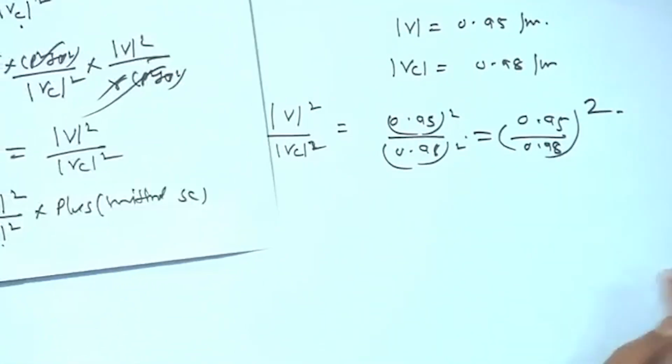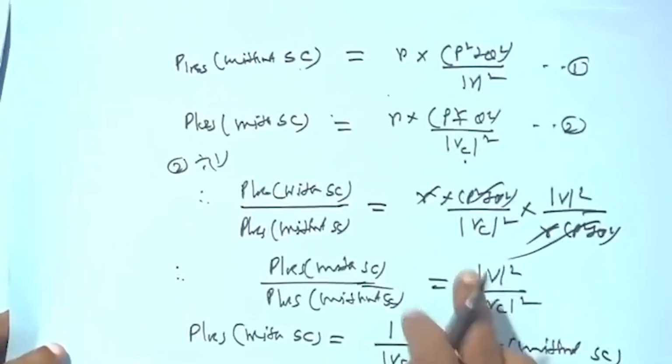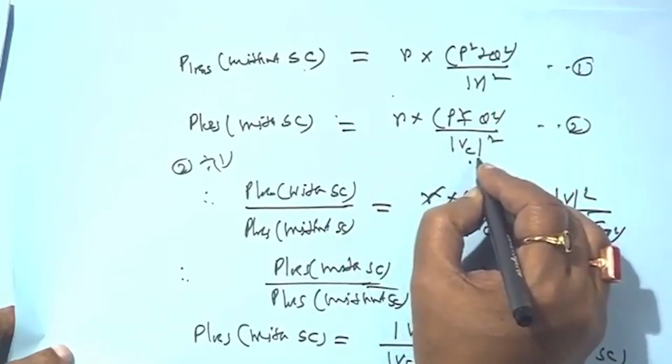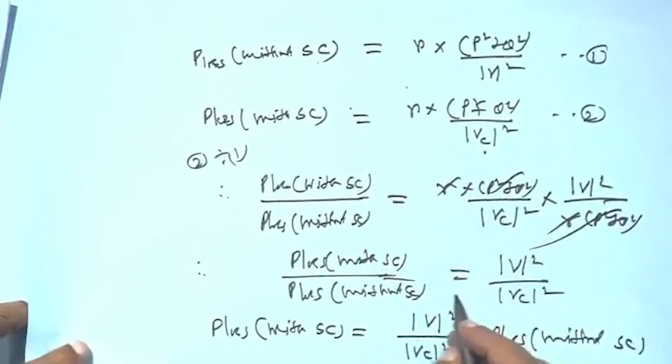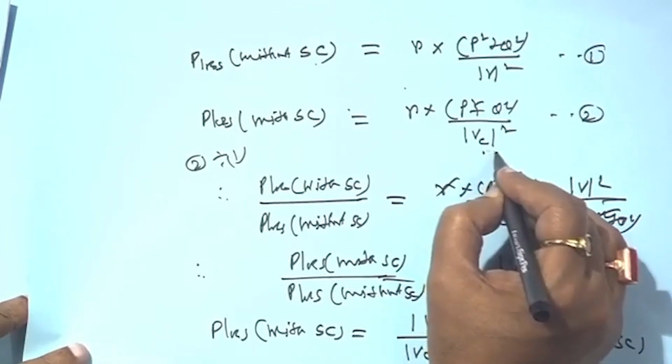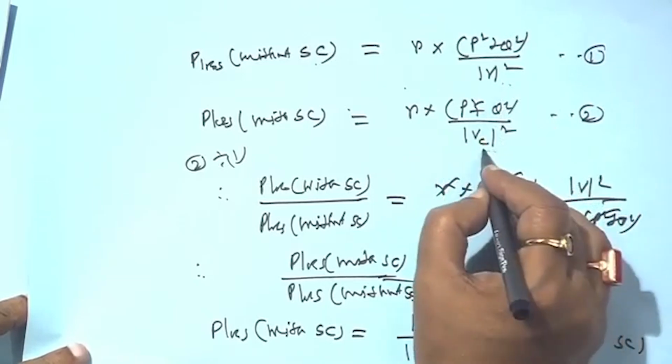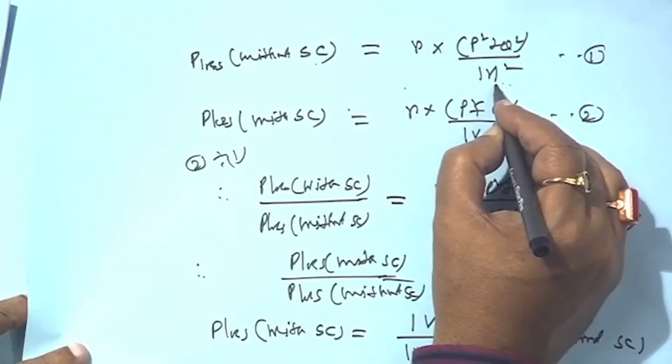In that case, this is square actually, right. So, whenever you put the series capacitor, because the voltage is improving, naturally the power loss will be much less because of the improved voltage. The square will also be less.